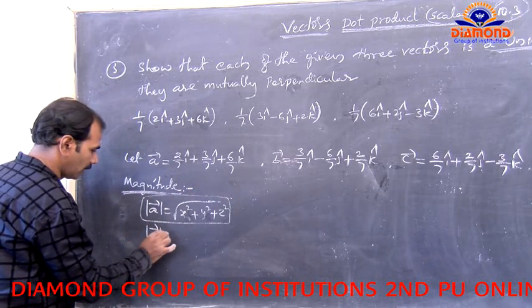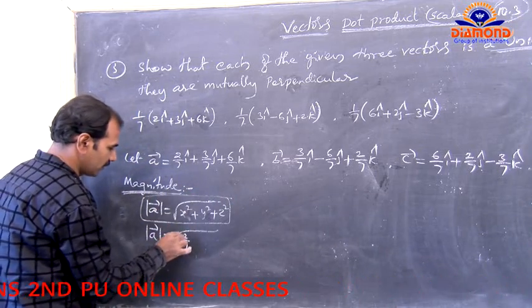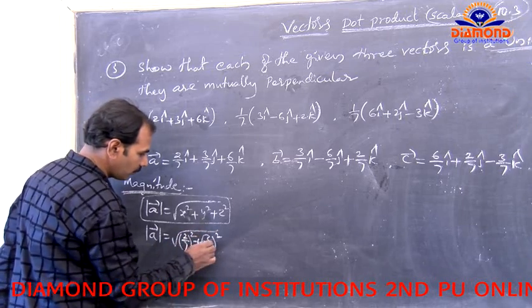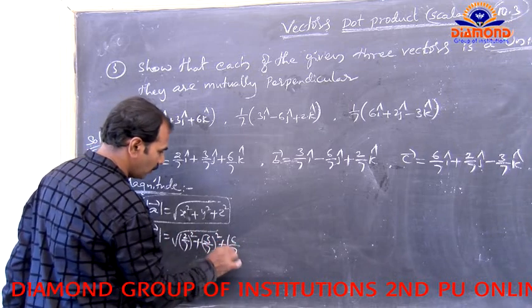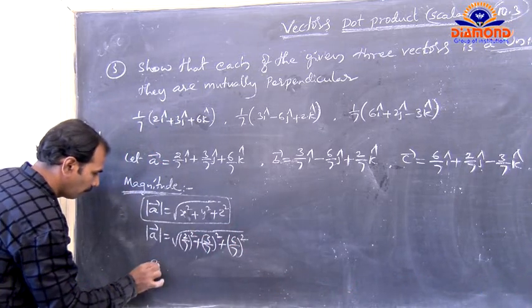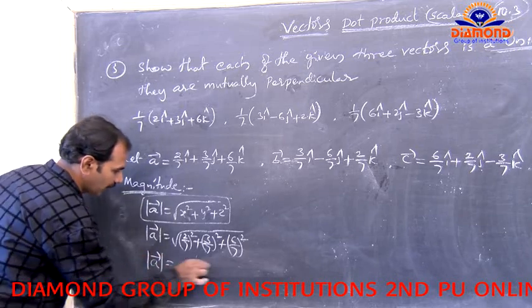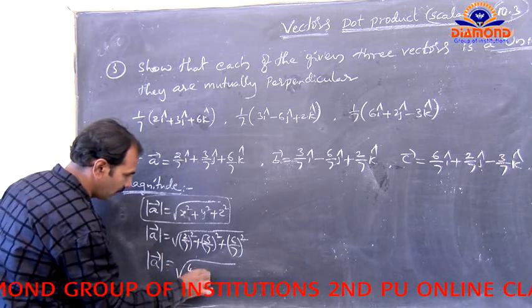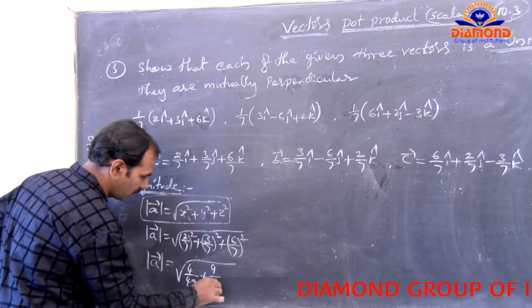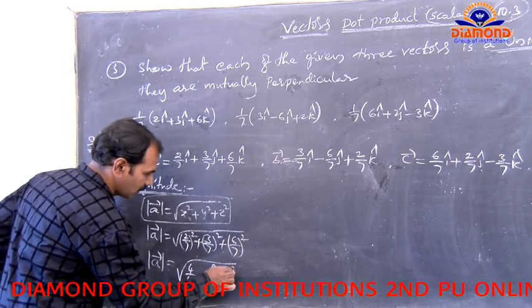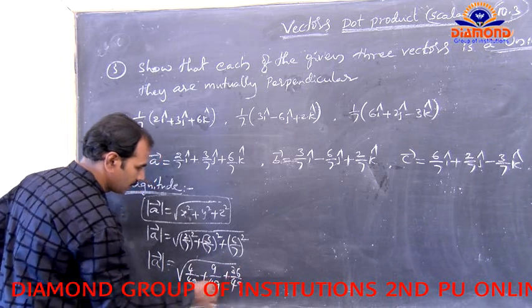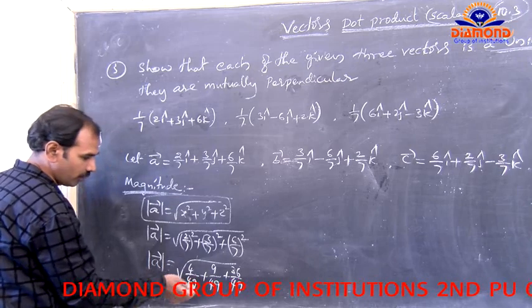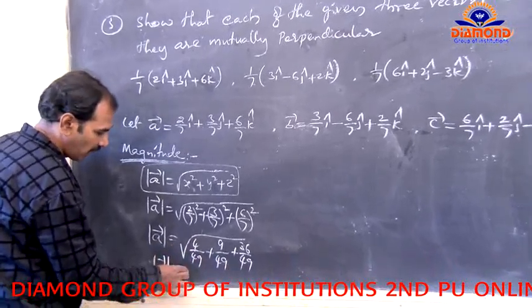So the magnitude of a equals the square root of 2 by 7 whole square plus 3 by 7 whole square plus 6 by 7 whole square, which is the square root of 4 by 49 plus 9 by 49 plus 36 by 49, the sum of all these values. The magnitude of a equals the square root of 49 by 49, and its value is 1.